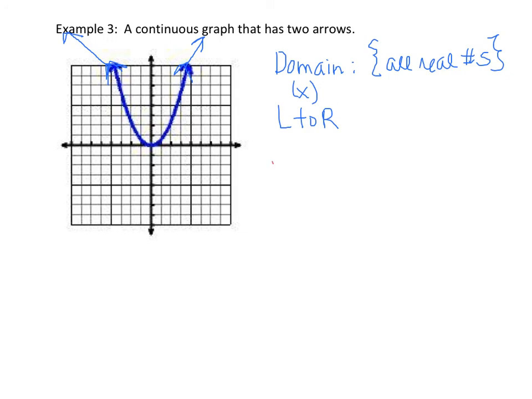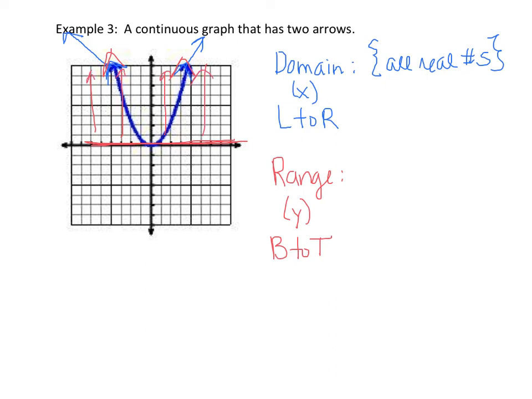Now look at the range. So the range, again, are your y values, and that's going from bottom to top. Okay, well, if you look at the bottom of your graph, it is right here at 0. And if you look at the top of your graph, it goes on forever. So it's all of the y values on this side of 0.